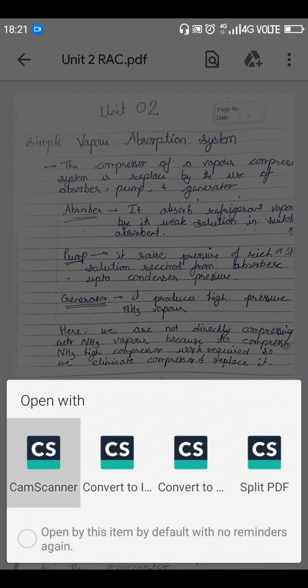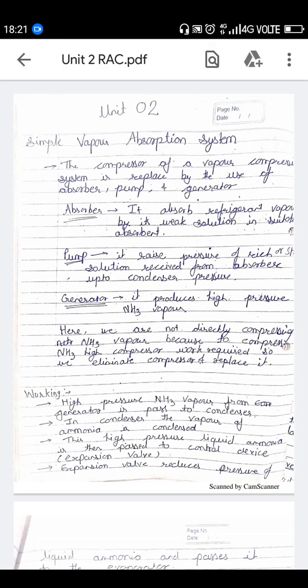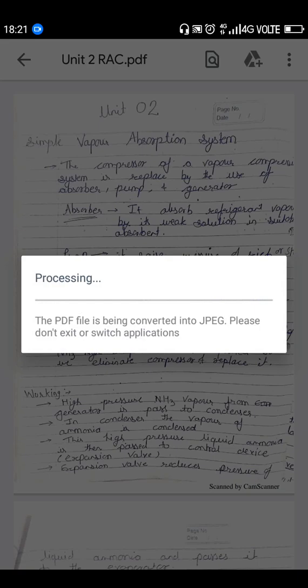In simple vapor absorption system, we are always eliminating the compressor by absorber, then generator and eliminator. In this vapor absorption refrigeration system, there is no compressor present.